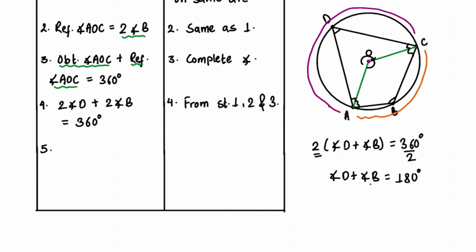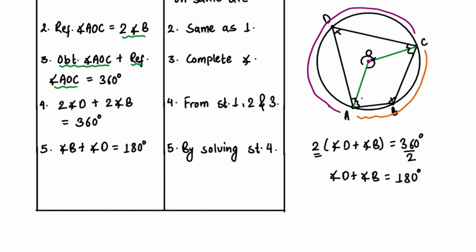And we can write that as angle B plus angle D is 180 degrees. We got this by solving statement 4. And hence, we have got that this angle D plus this angle B is equal to 180 degrees.